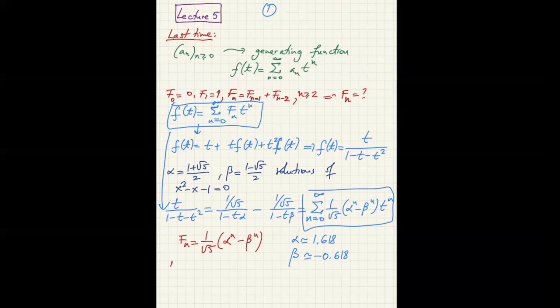And again, I leave it as an exercise for you to figure out from this formula that f_n equals the floor of alpha to the n plus 1 over 2, divided by square root of 5, where our notation is that floor of x is the largest integer that is less than or equal to x. So f_n behaves pretty much like alpha to the n divided by square root of 5. So it's going to have an exponential growth.